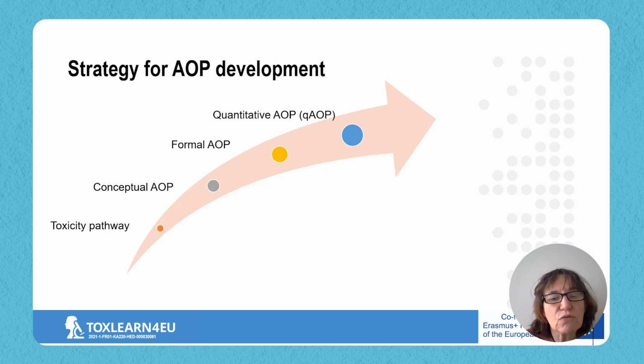And you will try to get that toxicity pathway changed into an adverse outcome pathway. The difference is that for the conceptual adverse outcome pathway, you really select the most pragmatic building blocks that you have, and you span from the molecular initiating event until the adverse outcome.